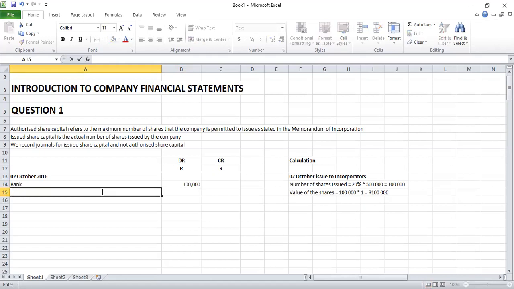Then what is this money for? It's capital. Capital is equity. When equity increases, we credit. So we're going to credit the incorporators for that money. Ordinary shares, 100,000. Let me just see when were these shares allotted?